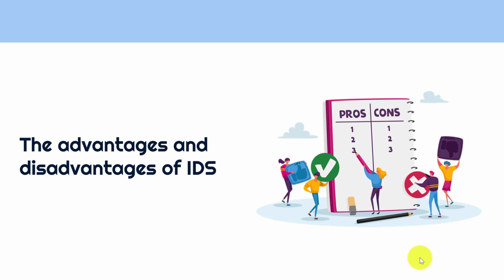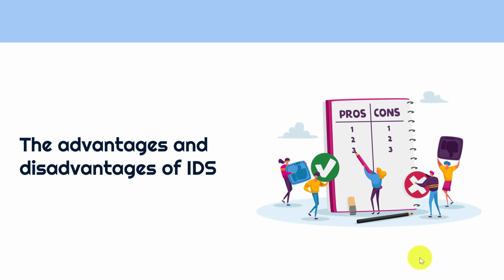Now, the disadvantages of IDS include, first one, false positive. IDS may generate a high number of false alarms, which can lead to a significant amount of time and resources spent when investigating non-existent threats.